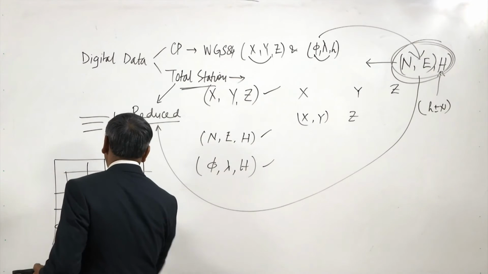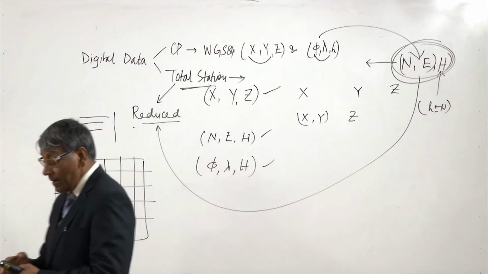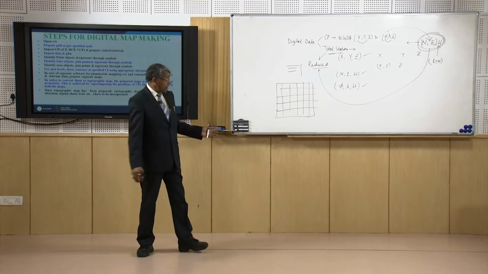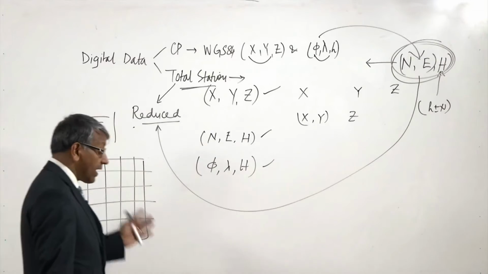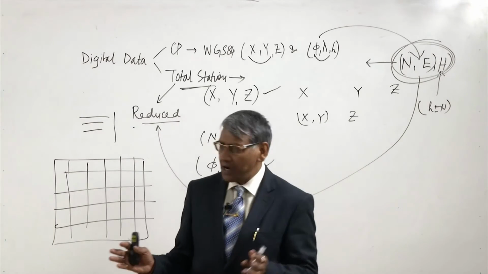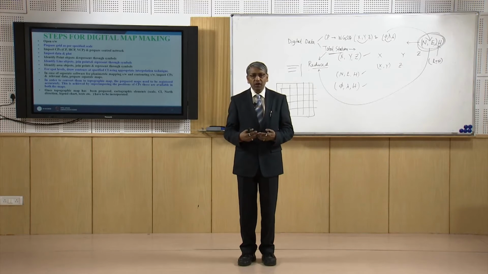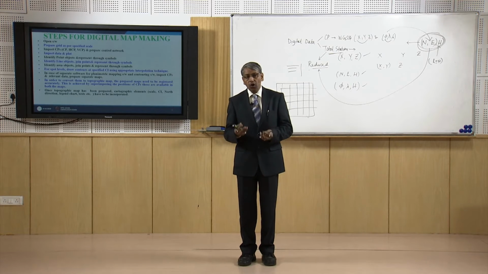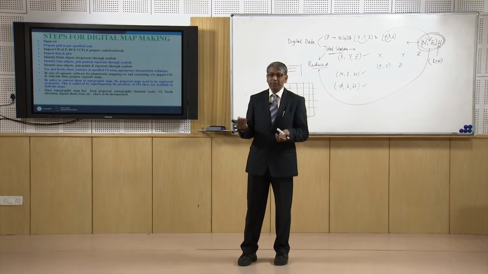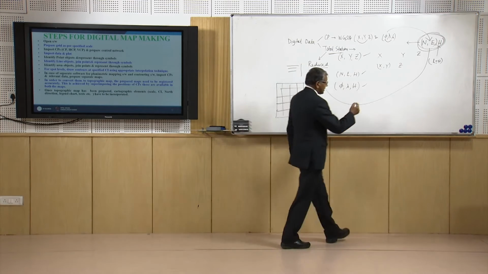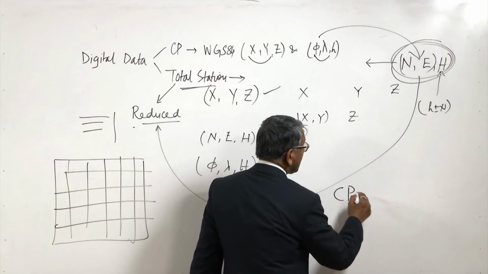This grid preparation should be as per the planimetric scale of the map, and then once the grid has been prepared as per our desired scale, we should import to the software the control points which we have established using GPS.